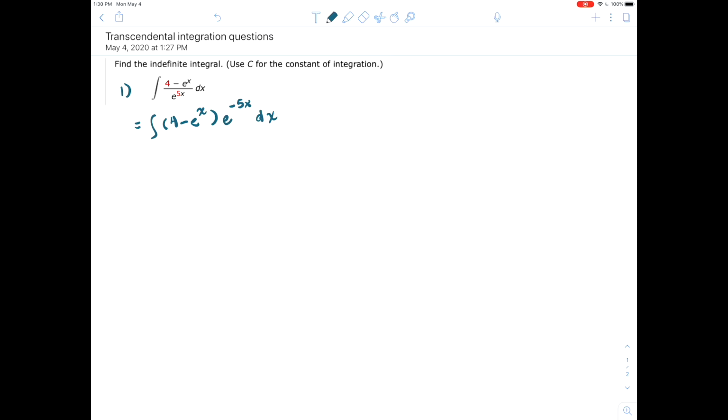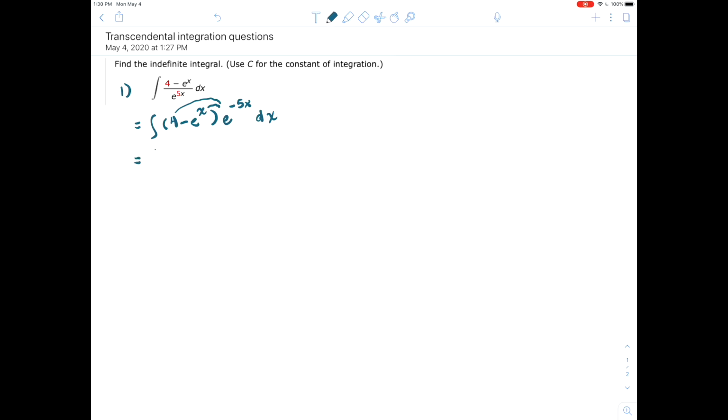And so now what we want to look at here is, okay, I've got these two e to the x terms, and do you see that since that 4 minus e to the x factor is raised to the 1 power, I can multiply through to make this into two terms.